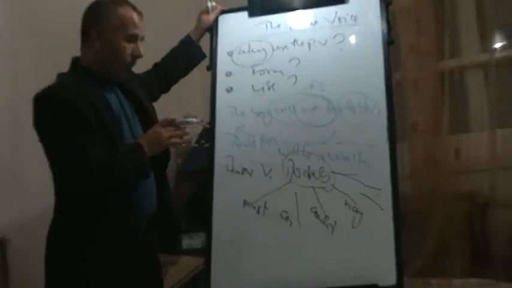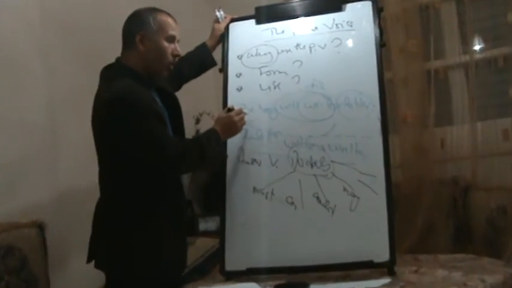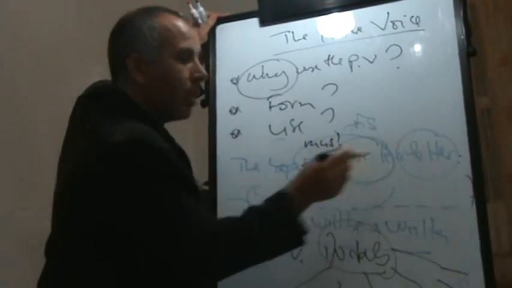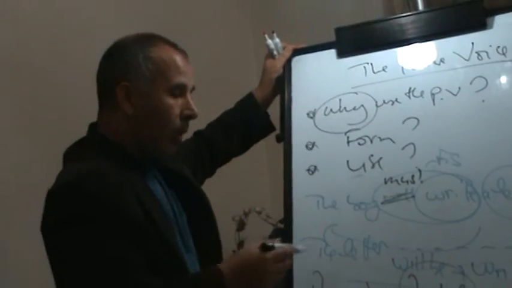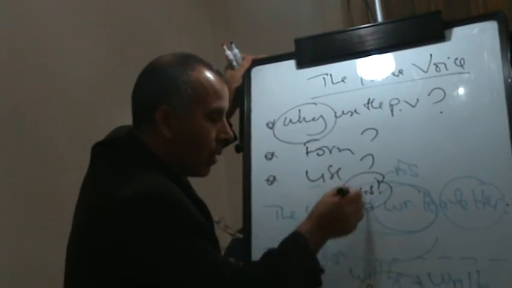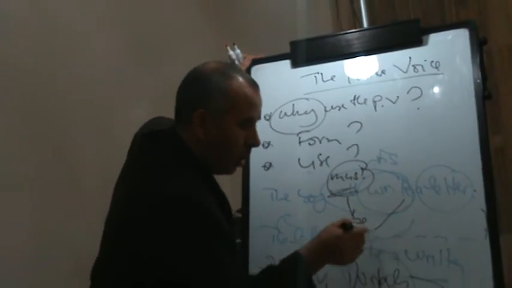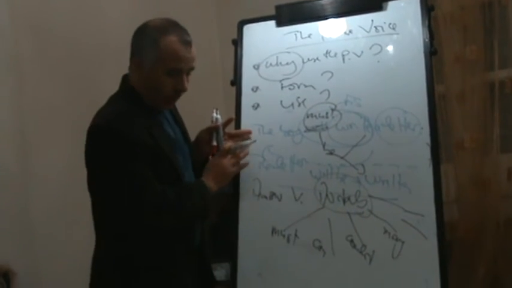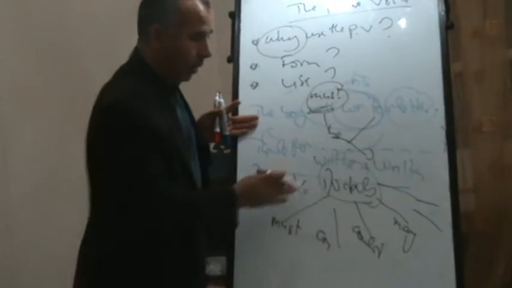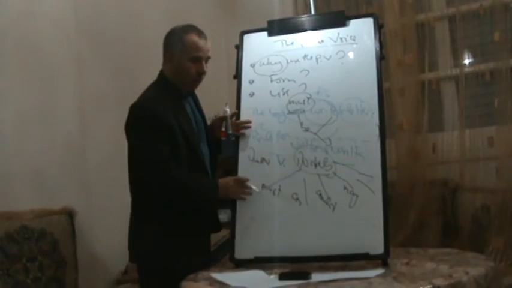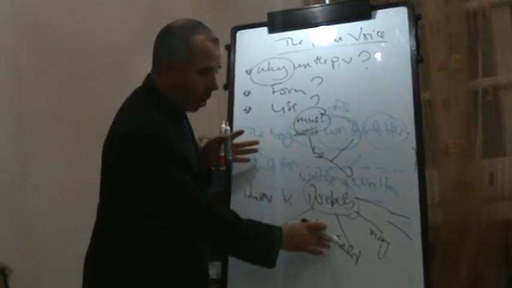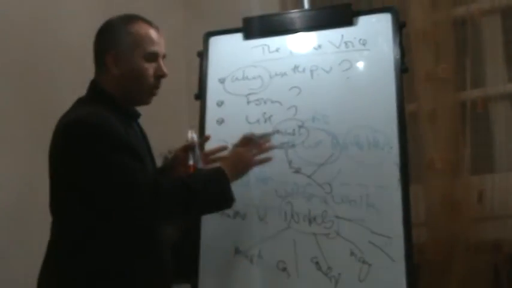So, we'll go back to our sentence. The boy must write a letter. The letter must be written by the boy. The boy can write the letter. The letter can be written by the boy. And similarly, the boy could write the letter; the letter could be written by the boy.